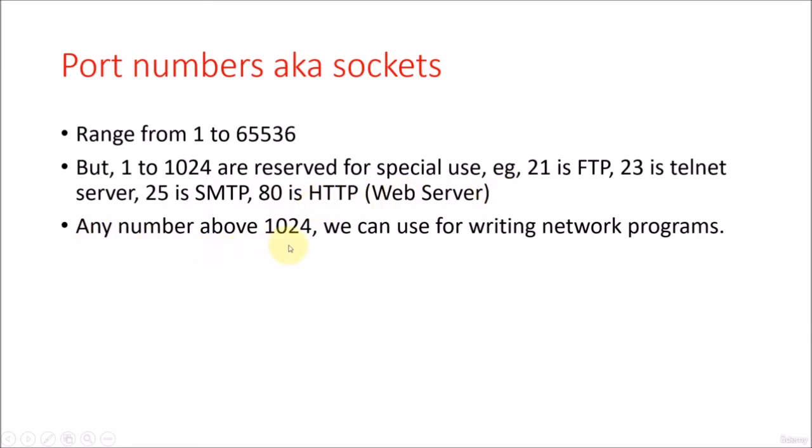Any number above 1024 we can use for writing network programs. But before you actually use a port number above 1024, always check first to make sure that it is not already in use.